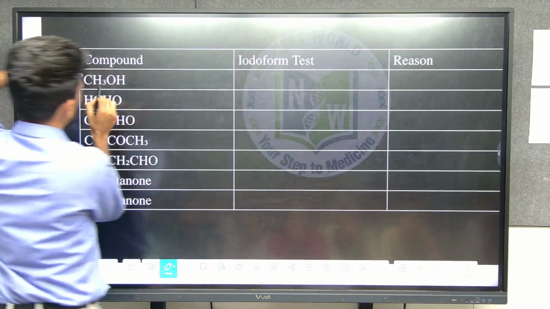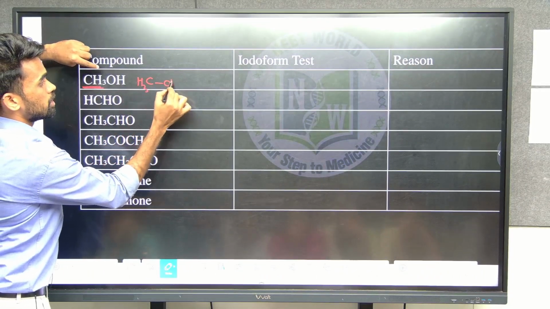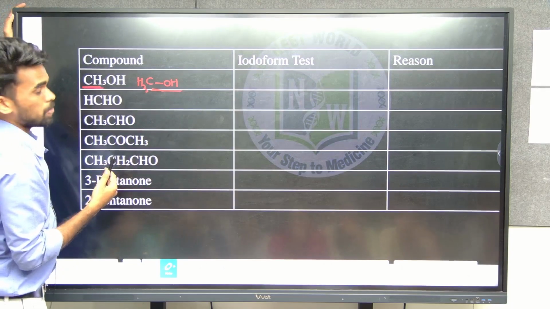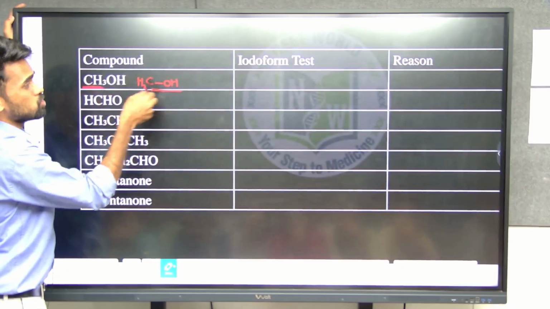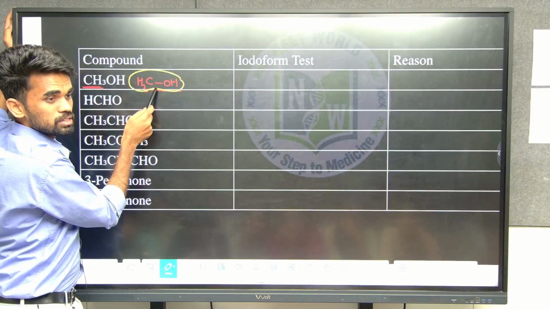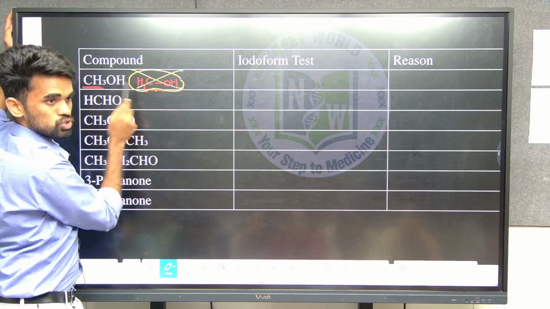This is an alcohol, methyl alcohol, CH3OH. Primary, secondary, or tertiary? Primary. Not even a carbon is there. Out of these, which type of primary alcohol will show, I told you? Only ethanol. This is methanol, so it won't show.